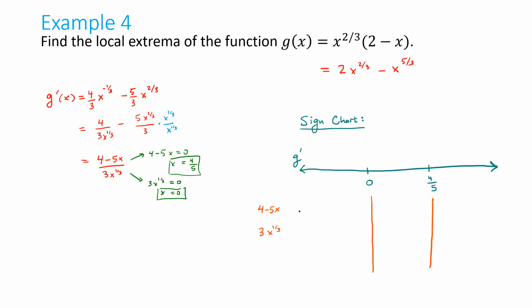So let me think about 4 minus 5x for a moment. Notice that this one's going to be positive when x is less than 4 over 5. So it'll be positive for all the values of x over here. But when x is greater than 4 over 5, then you've got 4 minus something that's bigger than 4, so that would be a negative value.